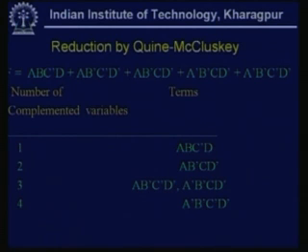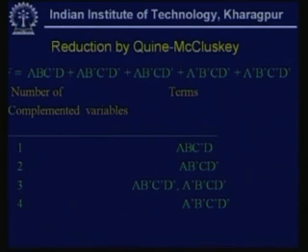If the number of complemented variables is 3, then there are 2 terms, A B dash C dash D dash and A dash B dash C D dash. If the number of complemented variables is 4, I have only one term, A dash B dash C dash D dash.